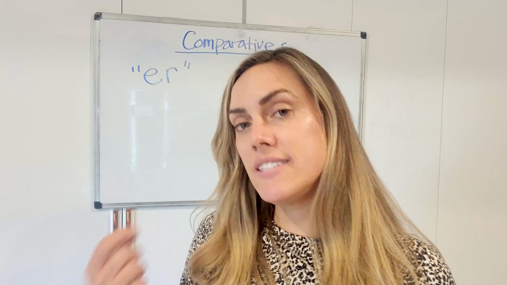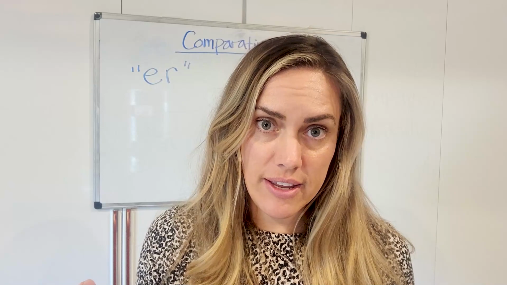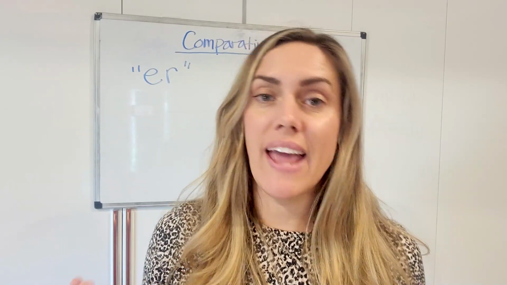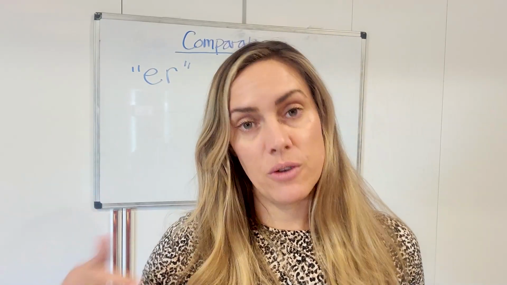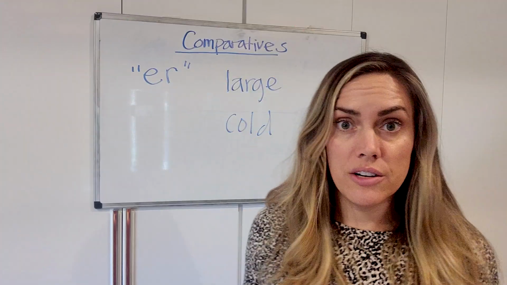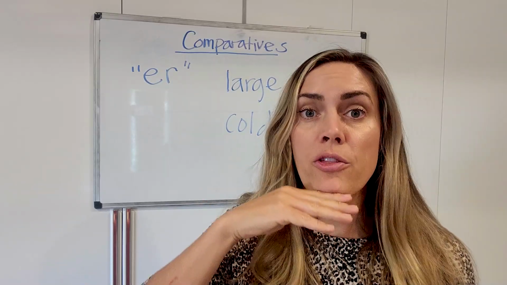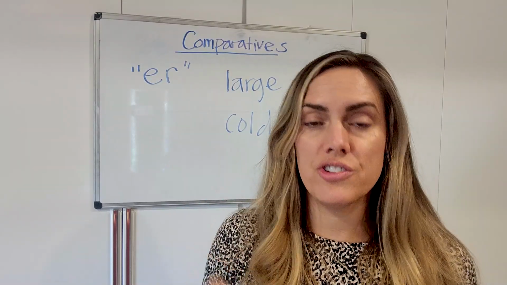So when it's a one syllable word, you just add ER to the end, but make sure you are using an adjective or an adverb, and I'll talk about adverbs in a second. So for example, large. That's one syllable. My mouth opened one time, large.